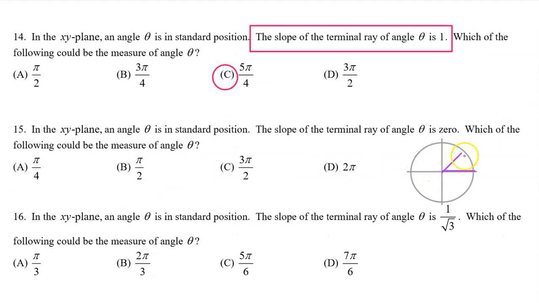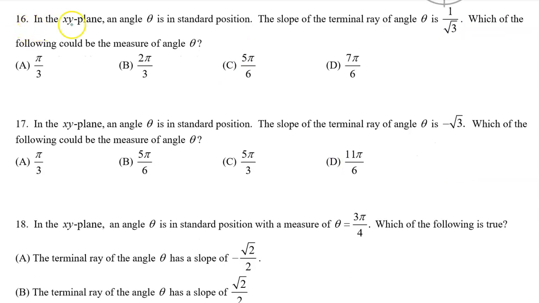As we rotate around the circle, the next time we get to a horizontal position is right here at pi, but that's not one of the answer choices either. To get horizontal again, we have to rotate all the way around and back to where we started from. That is 2 pi radians. So the answer is D.